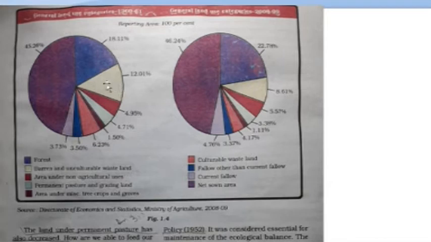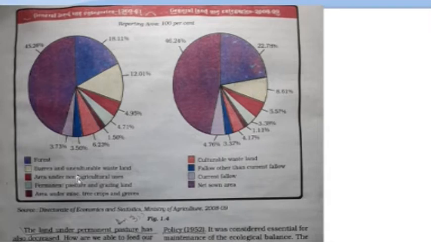22.78%, and this is barren and uncultivated wasteland. So this is wasteland, which decreased during the year 2008-2009. The wasteland was decreased, so it is a good thing that land was made into forest or cultivation.